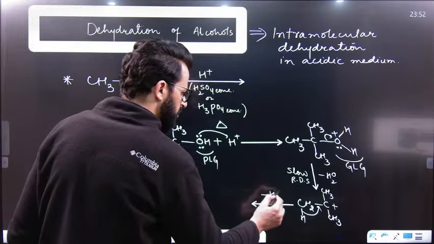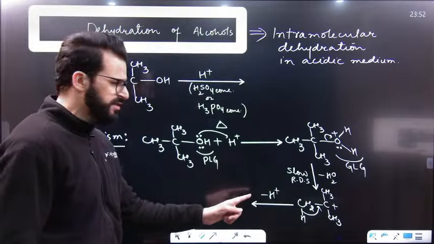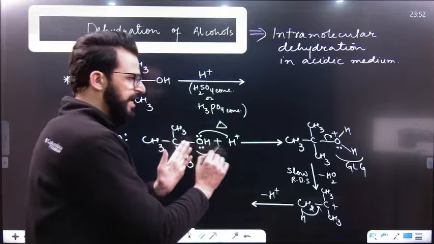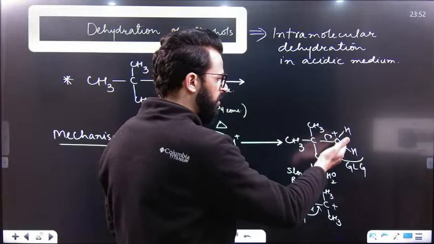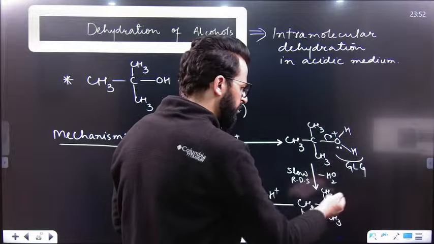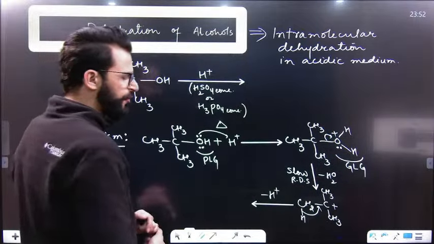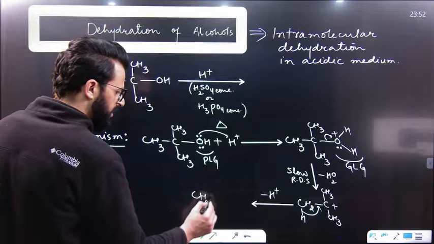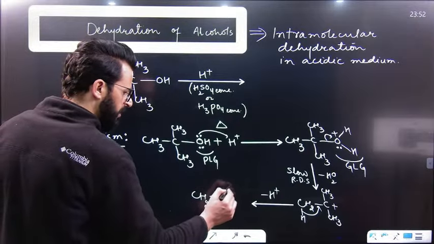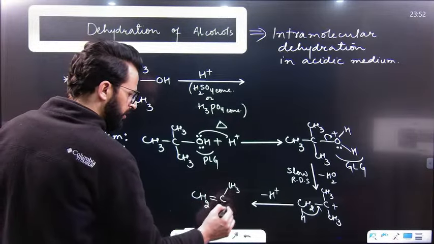That means this H positive acts as a catalyst. First, protonation of the alcohol takes place and results in the formation of the oxonium ion or protonated alcohol. Then water will be lost. Then the carbocation is formed. After that, deprotonation takes place and we will get an alkene.